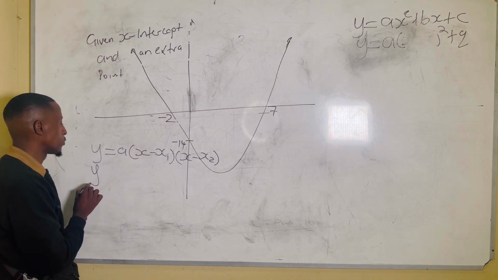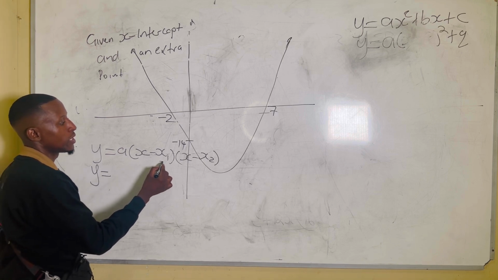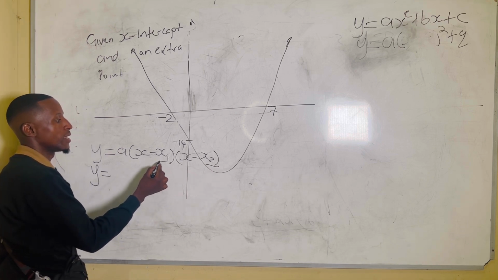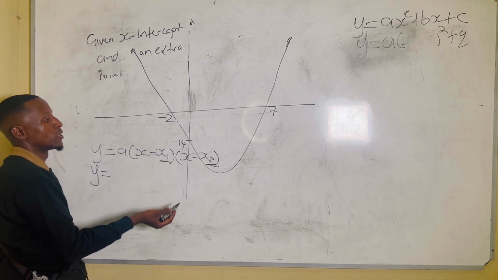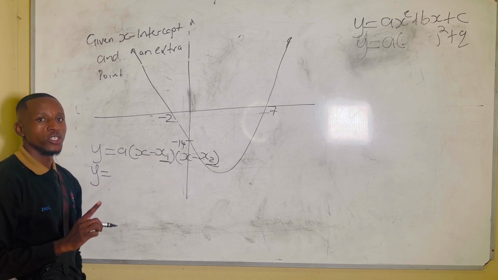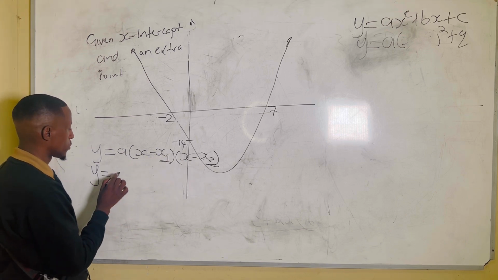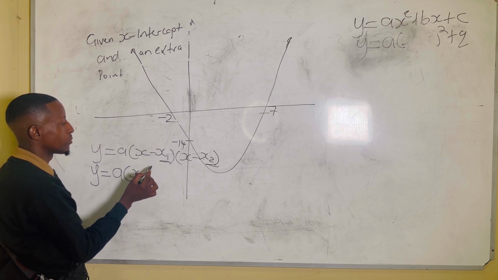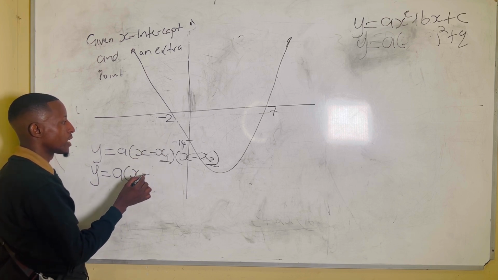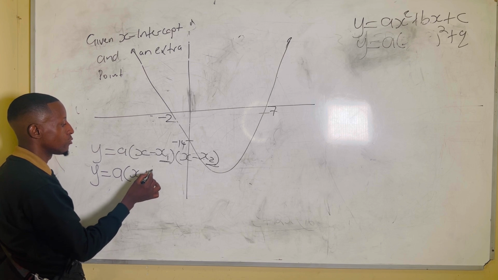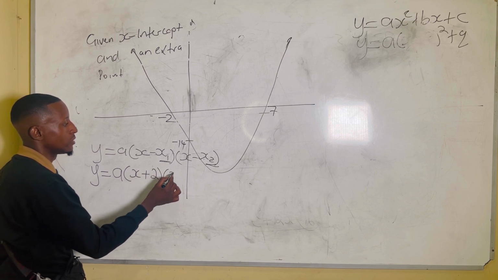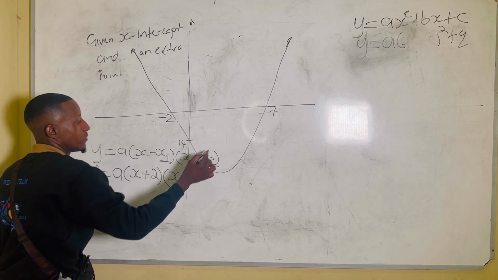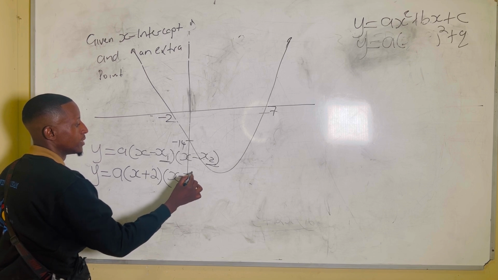So let us substitute the x-intercepts. You're going to substitute them here at the end, the x1 and x2. But when you substitute them into the equation, they change the sign. If it was negative, it will become positive, and this one, which is positive, will end up becoming negative.